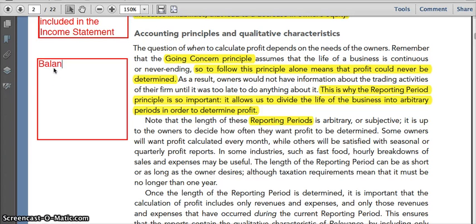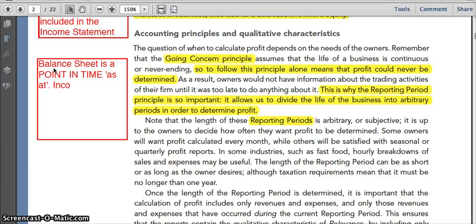So always remember, pretty key point here. Remember, a balance sheet is a point in time, which is why we write "as at" on a balance sheet. So on a particular day, a balance sheet will show the position of the business.